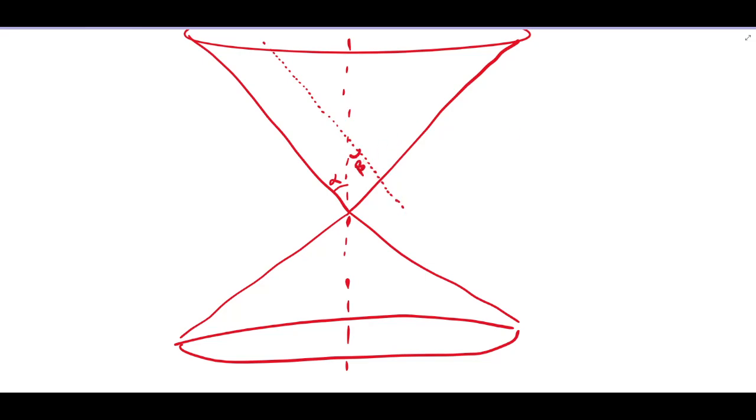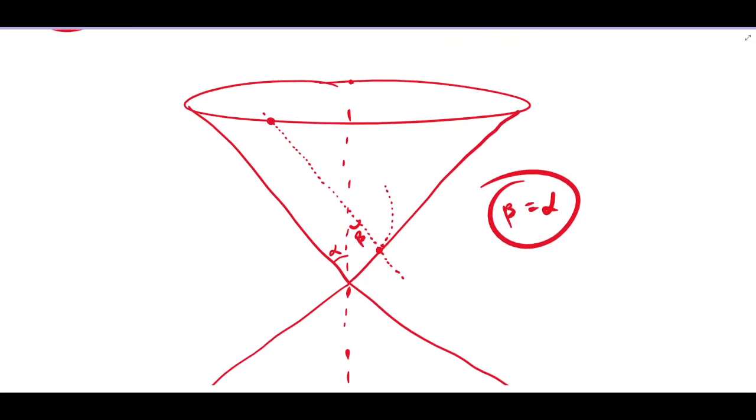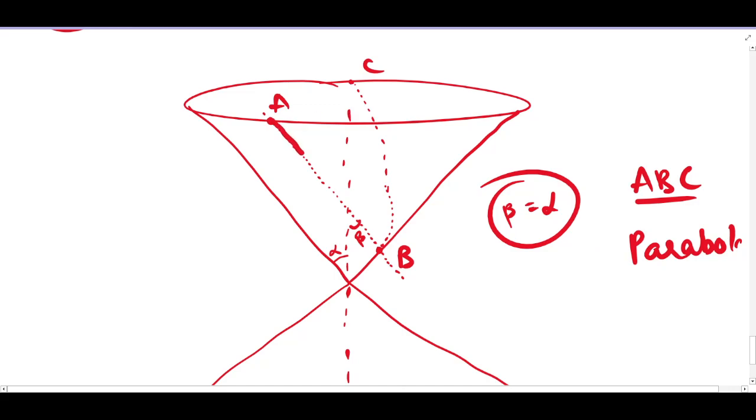So this is beta, where beta is equal to alpha. So this curve ABC is a parabola. So this is a plane at an angle beta, which makes the section a parabola when beta is equal to alpha.